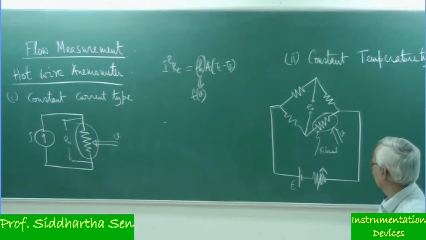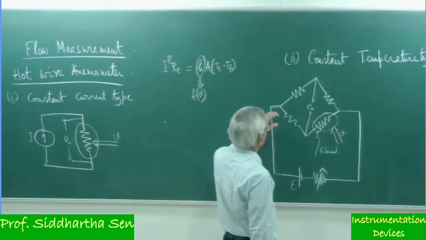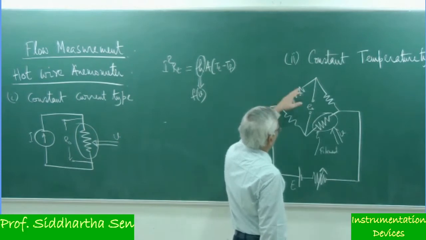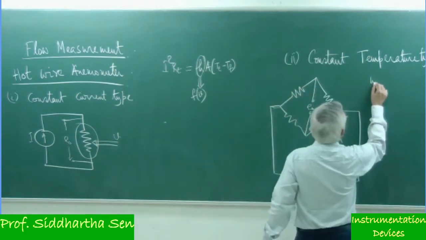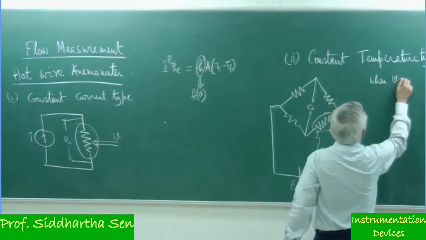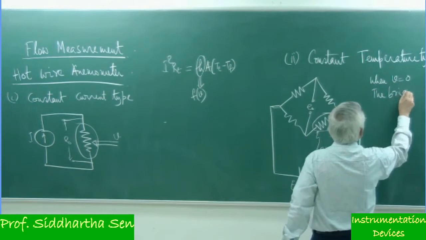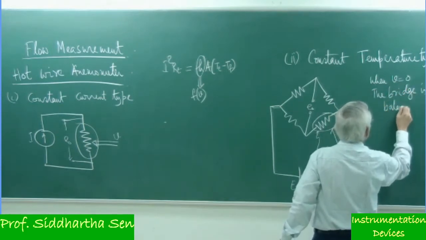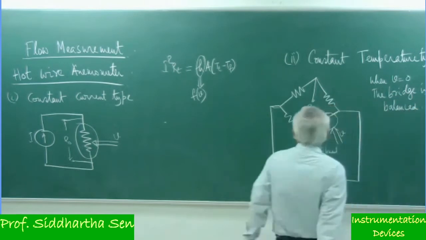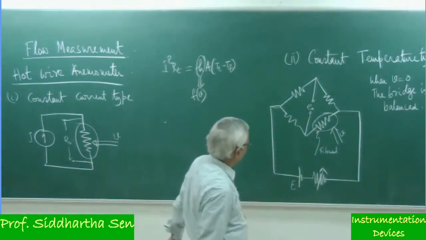So let us suppose the bridge is balanced when V is equal to 0.